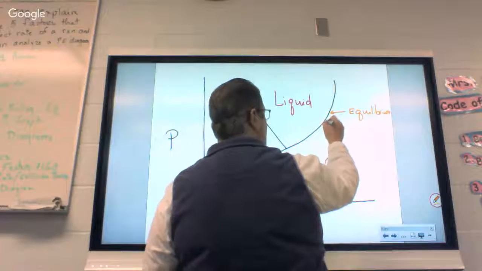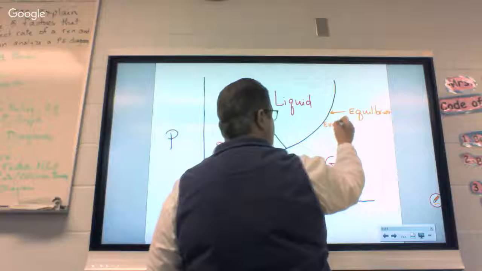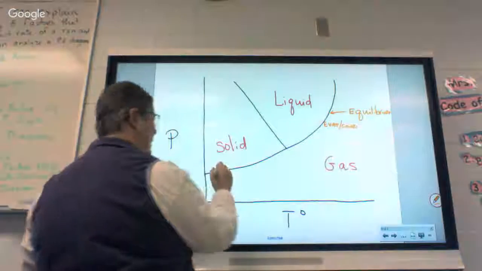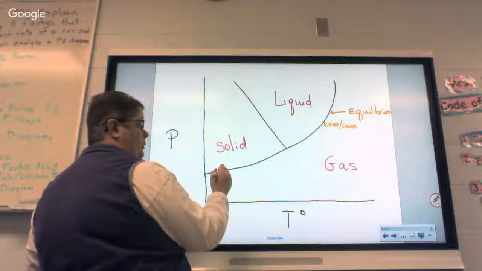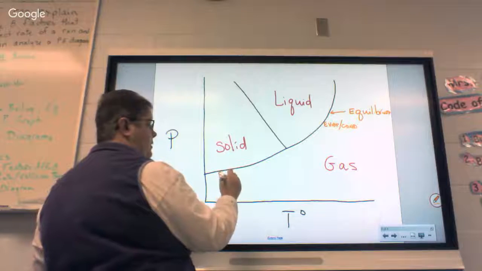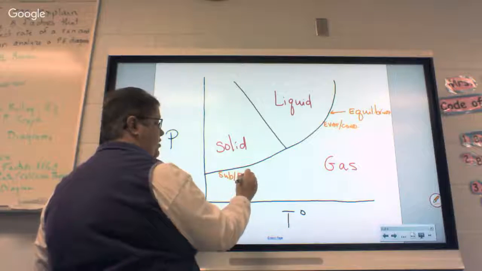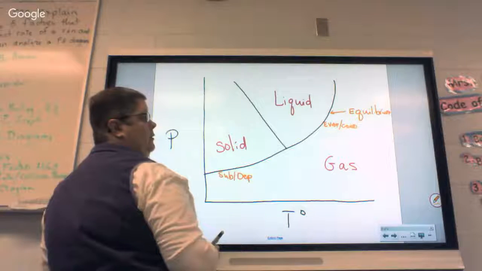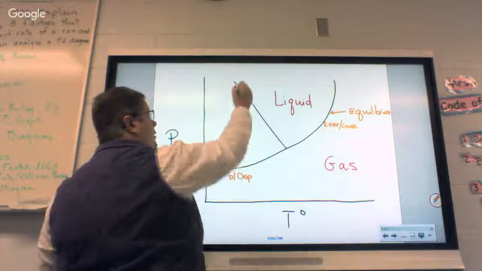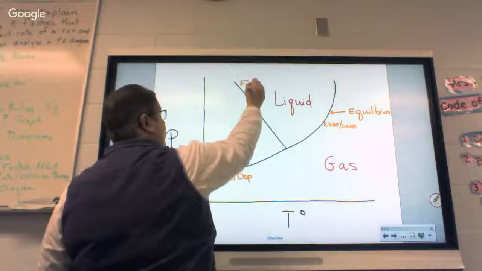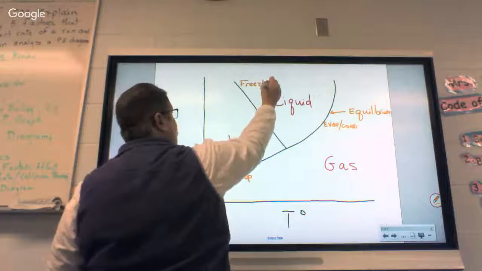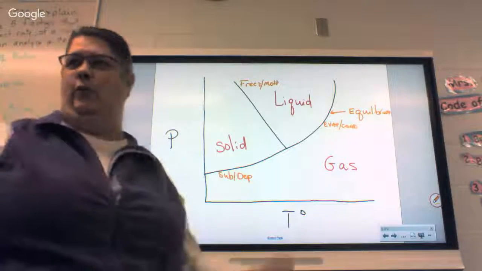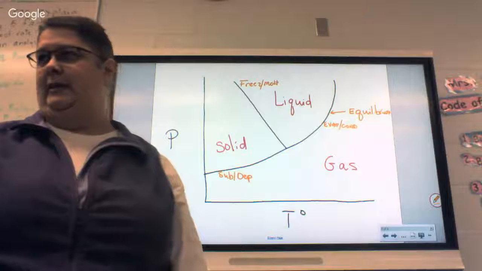So on this line, we would have evaporation and condensation. But down here on this line, we would have sublimation and deposition. And up here on this line, we would have freezing and melting. But those lines always represent equilibrium between the states.